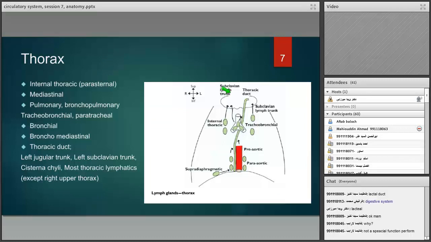No, the cisterna chyli is just a cistern for the lymph, not a special function. Now, after that, the lymph will enter the thoracic cavity and its name will change into the thoracic duct. Here we have the thoracic duct.